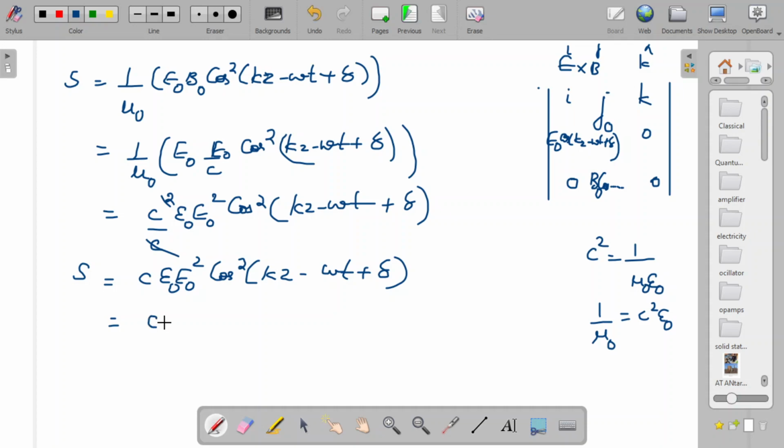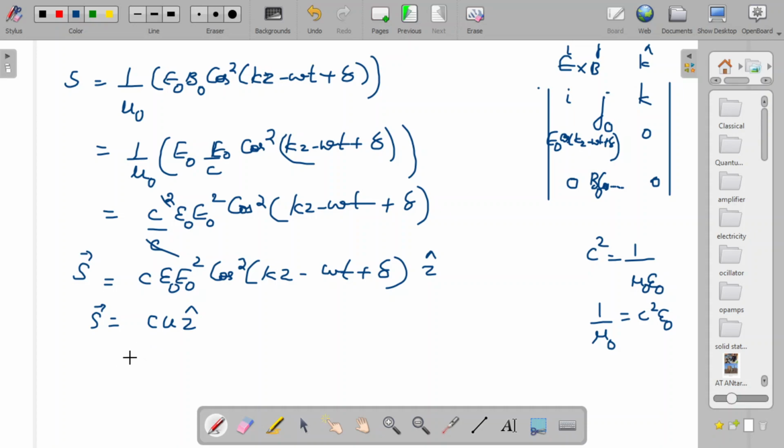So I can write C and this part is actually U. The Poynting vector is in the direction perpendicular to E and B. So perpendicular to E and B is the direction of the propagation of the wave, and that is the direction of Z. So Poynting vector S is actually equal to C into U into Z.